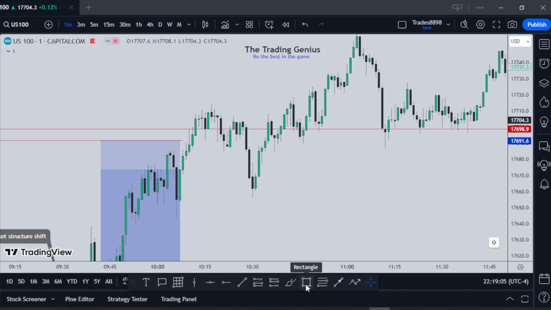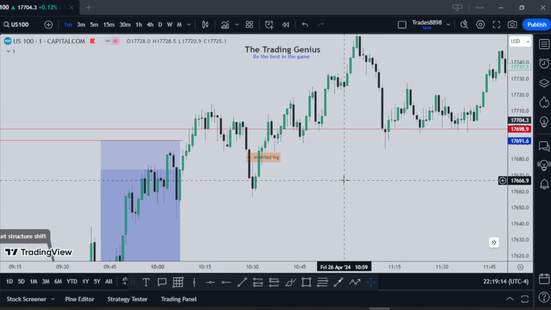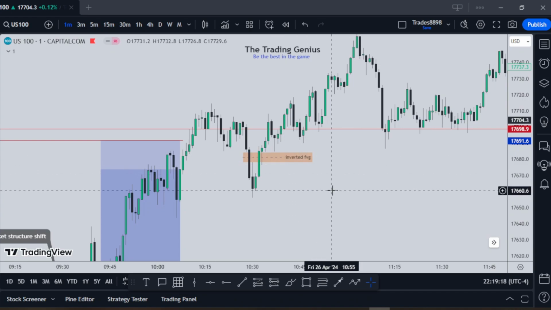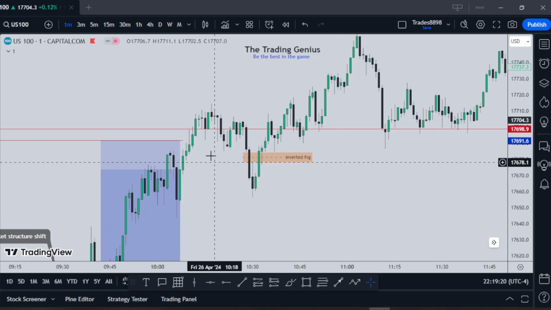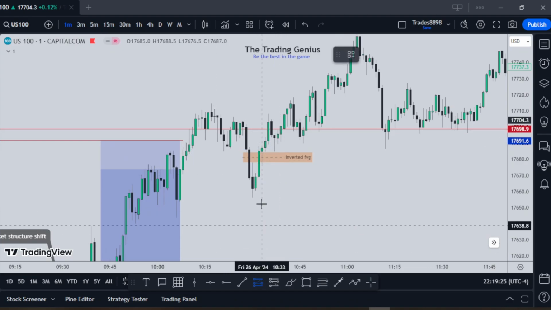And in this case, if you want to re-enter, what you would look for is another inverted fair value gap, right? Because to me, it's always worked out when we're on a really high frequency trading, meaning that price goes to a level really quickly, and then price kind of pulls back, and then we create this inverted fair value gap. That's when you can re-enter, right?